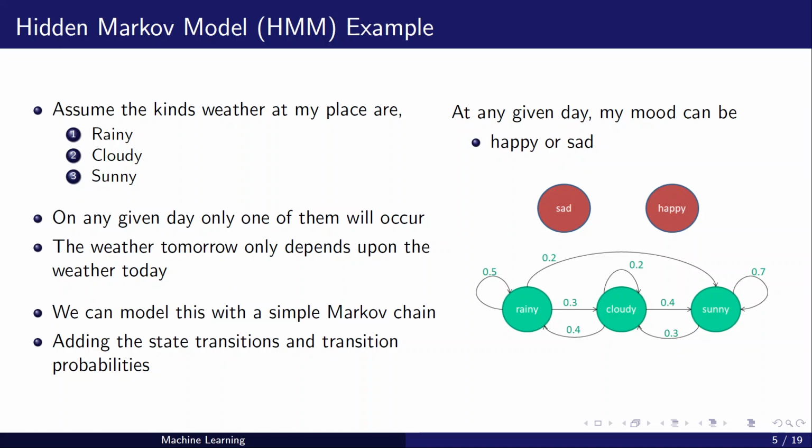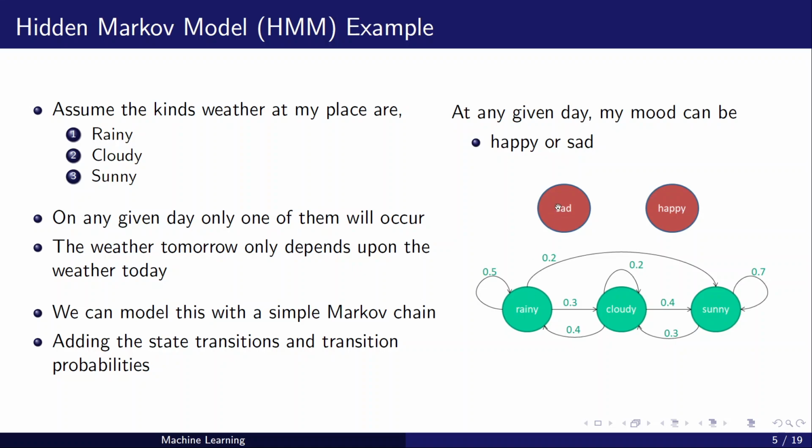So let's say we would like to learn about this by observing the observable set of variables. We have a mood variable. This is the weather Markov chain. We have another mood variable which can take the values sad or happy. So based on the weather conditions, this mood changes.